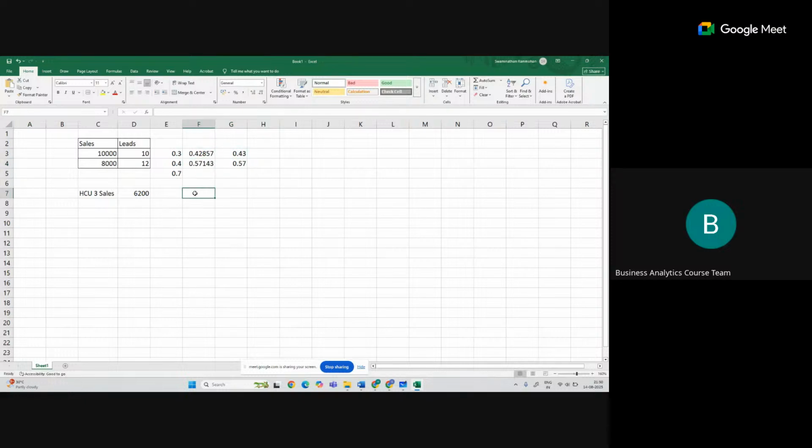Now I will multiply this into this plus this into this. This is my answer. Now I am rounding it off to 2 decimal places, plus this into this. See, do you see the difference in the answers?